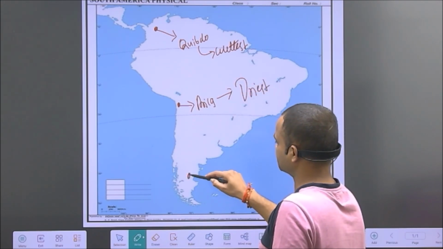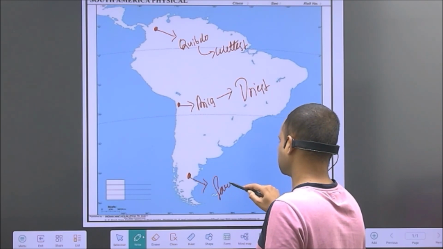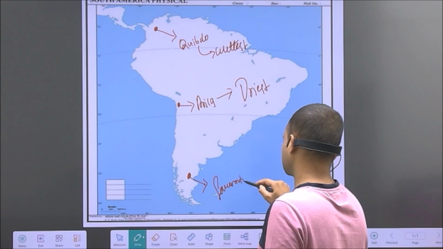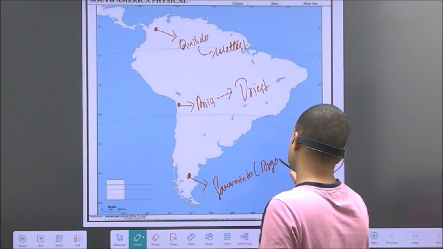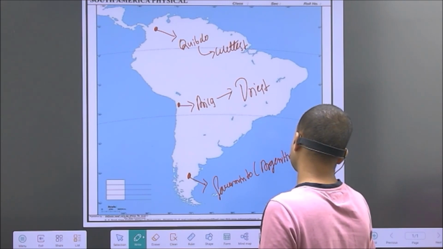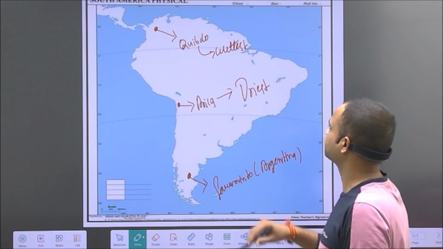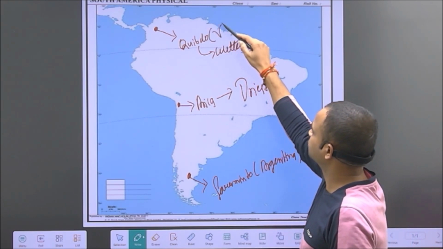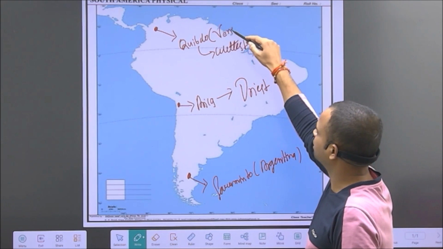Here you can see Sacramento in Argentina. Sacramento is the coldest place of South America. Quibdo is situated in Colombia.